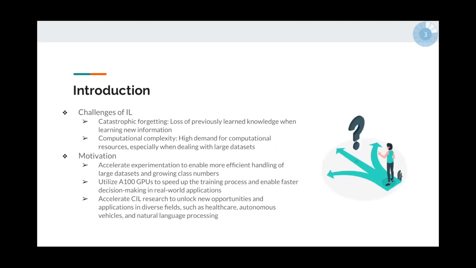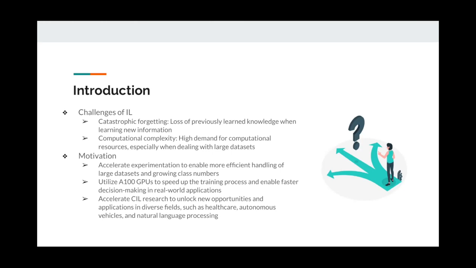Some challenges that class incremental learning faces: one is catastrophic forgetting, the loss of previously learned classes. This happens because when the model is training, it updates weights for the new classes learned, and in turn it adjusts them to negatively affect the ones that were previously learned. It also has a high computational complexity.